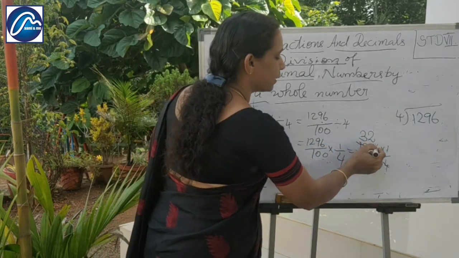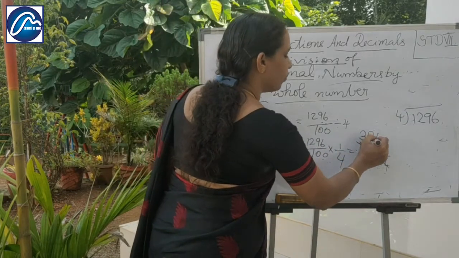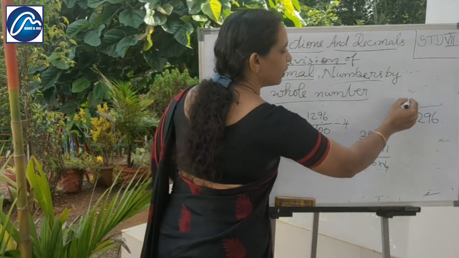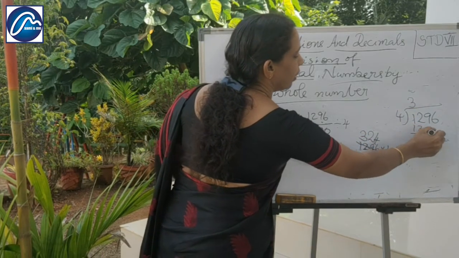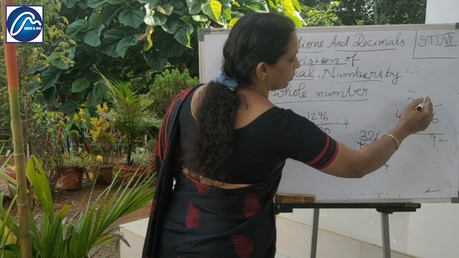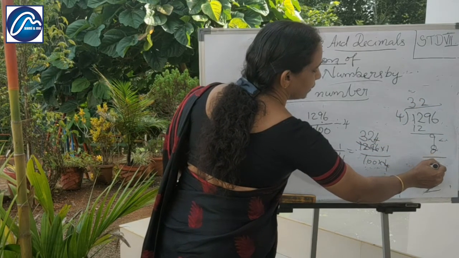Adding our remainder, here it will be 16. This will come 16. 16, how many 4s? 4 4s are 16. You can do this here also. 3 4s are 12. And next number 9. 2 4s are 8, minus 1.